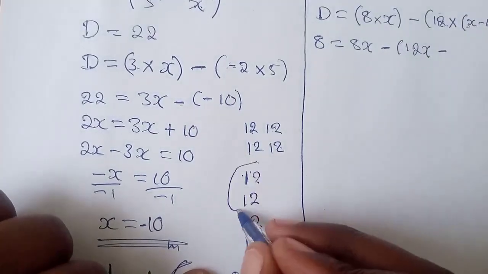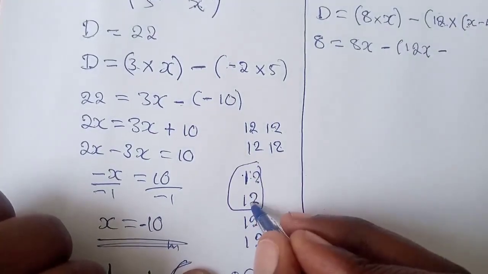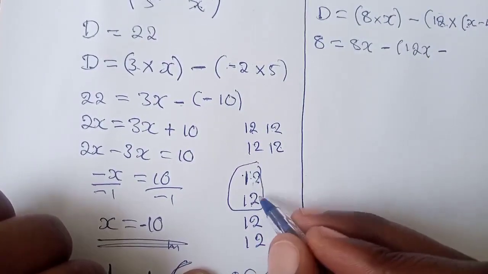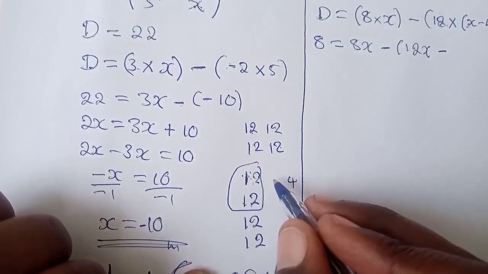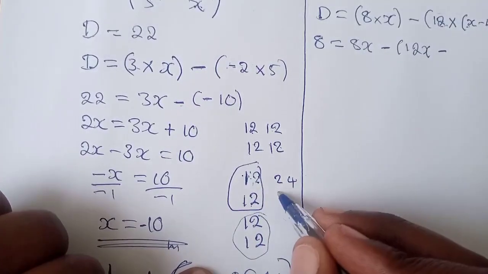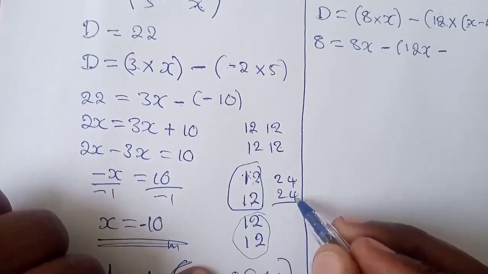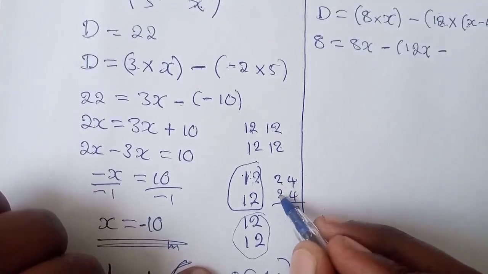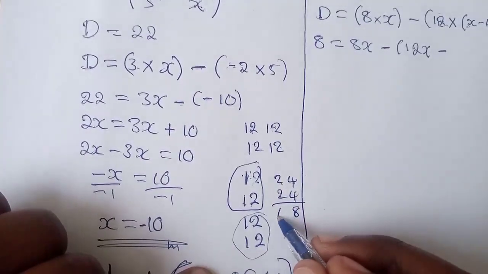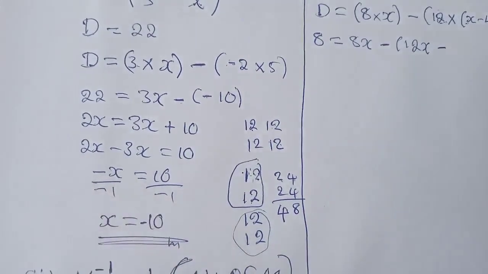So when you add 12 plus 12, it's 24, because 2 plus 2 is 4, and 1 plus 1 is 2. This as well is 24. Then 4 plus 4 is 8, 2 plus 2 is 4. But you use a calculator in the exam.